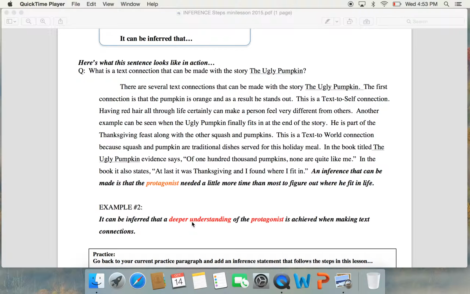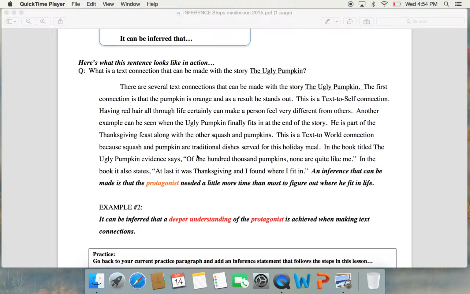Now, I got this deeper understanding right off of the notes that we took for text connections or making connections, that anchor chart right there on my e-board and right there in the room. The reason why we want to make text connections and make connections in general is so that we understand more deeply the characters and the story itself. So I borrowed that information I learned about making connections, and I built it into the reasoning behind why I was doing this paragraph to begin with.